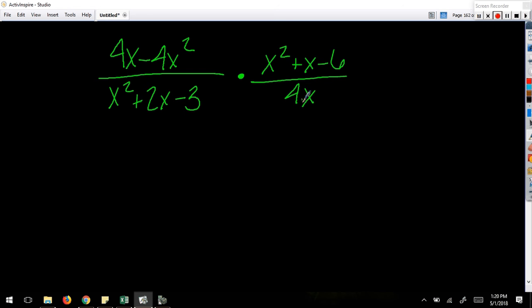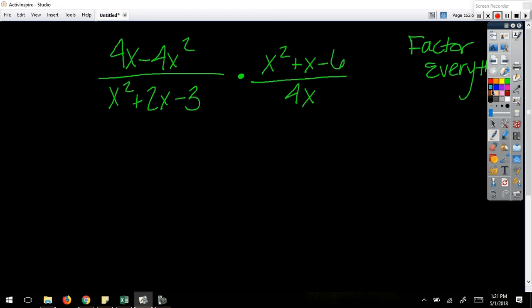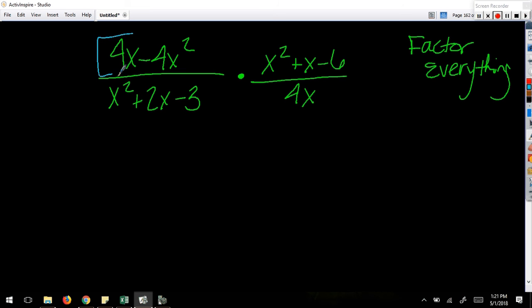My advice, when you see some that look like this, is to factor any and everything you can as a first step, all the time. Everything gets factored. Remember the first step in factoring is checking for a GCF. Here I can take out a 4x, and what's left is 1 minus x.